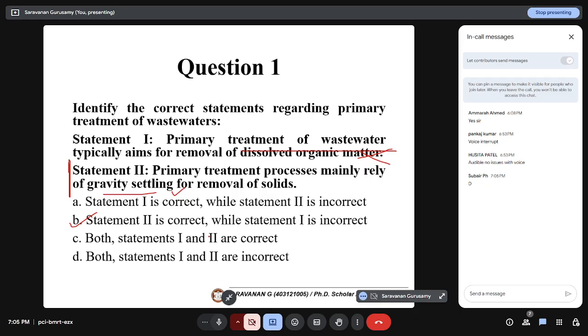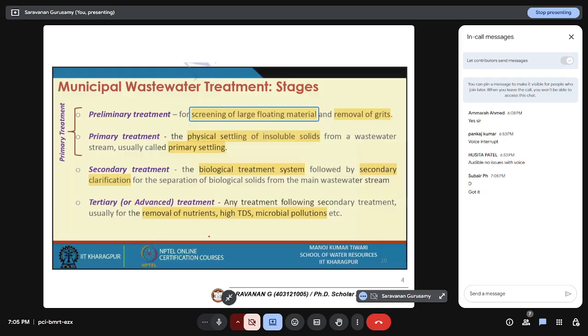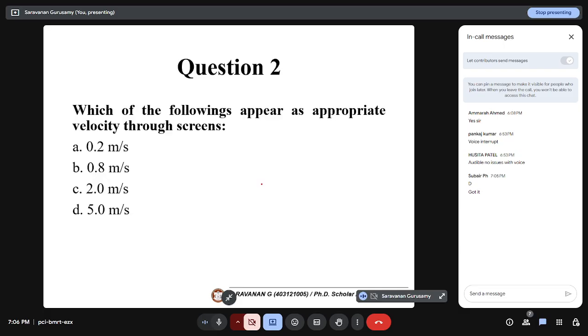Okay. Hope you got it. Okay. Nice. See here, only large floating matter and grit are removed in the preliminary and primary tank. All the dissolved organics are removed in the biological treatment plant. That is in the secondary treatment.